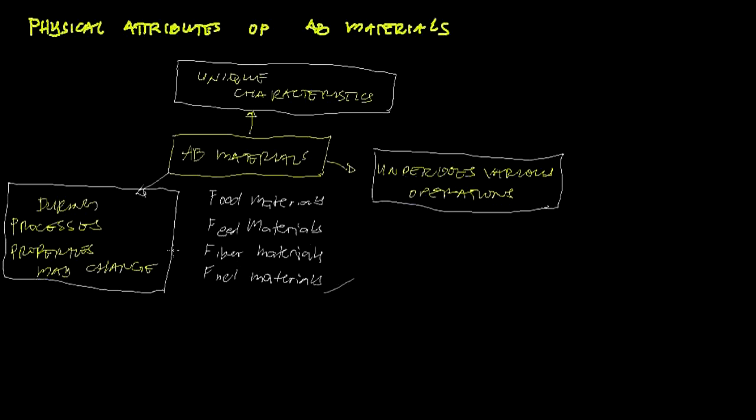So we need to study these properties of AB materials because of these three main facts. Since this is very important, we will be discussing more about its properties, and we call it the engineering properties of AB materials.